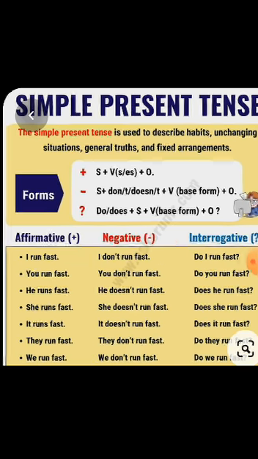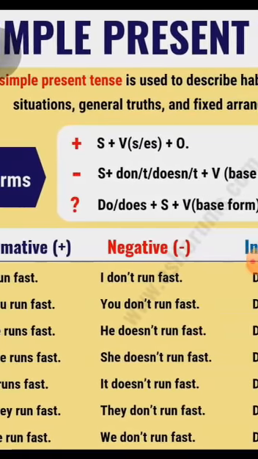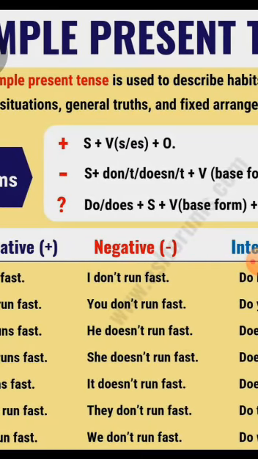You can see here that in a sentence we use S, meaning subject, then V1, the first form of the verb, and object. So this is the formula which we should learn to make a simple sentence.